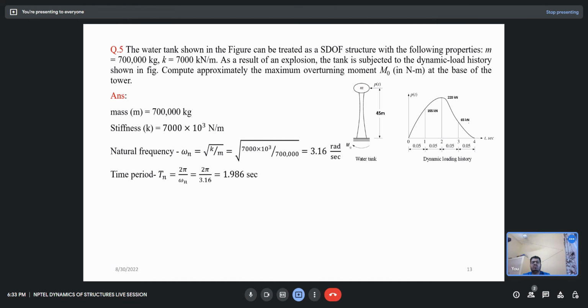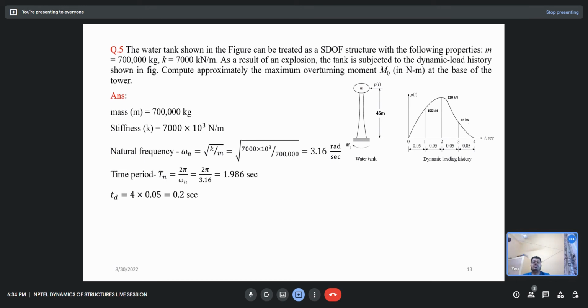I discussed in question number 2 of this session: if the pulse duration TD by TN is much shorter, then which parameter controls the response? Here my TD is 4 into 0.05, so that is 0.2 second.